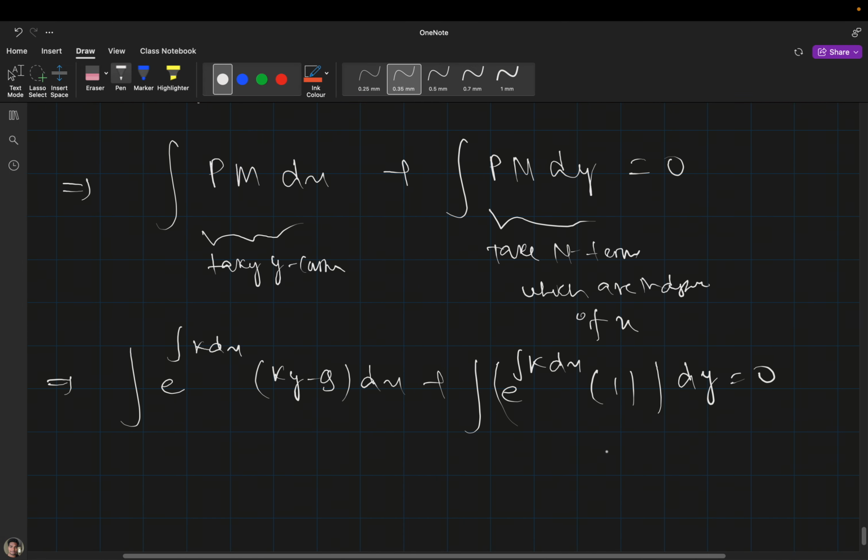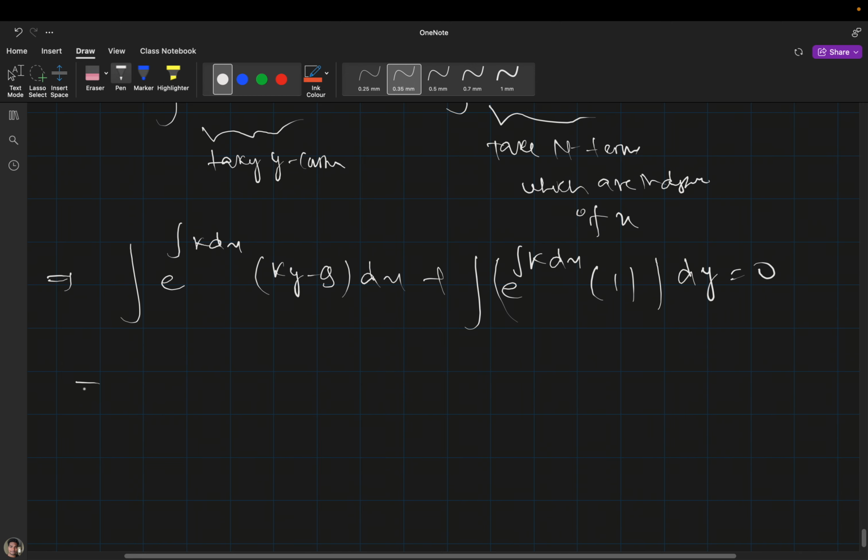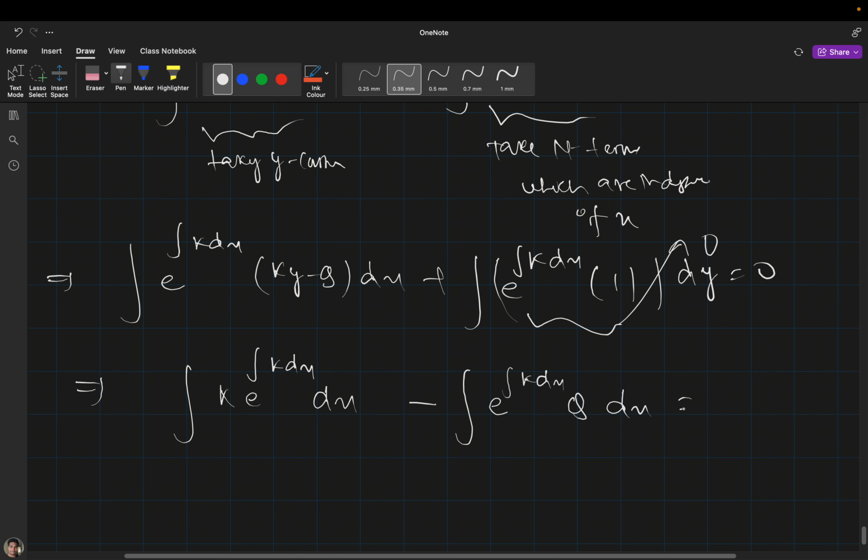N is 1, right? You can see that these terms are actually not independent of x, so this whole term will be 0. Now this will be k e raised to k dx, dx minus e raised to k dx times q dx equal to 0.